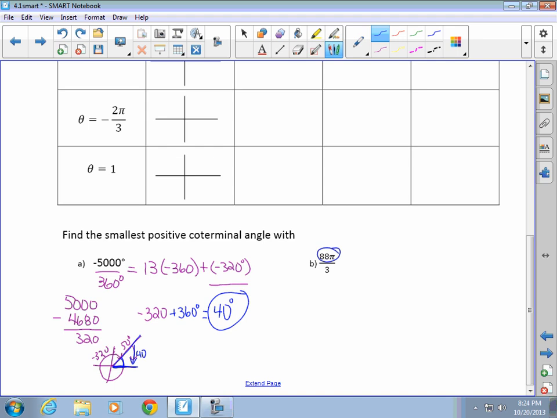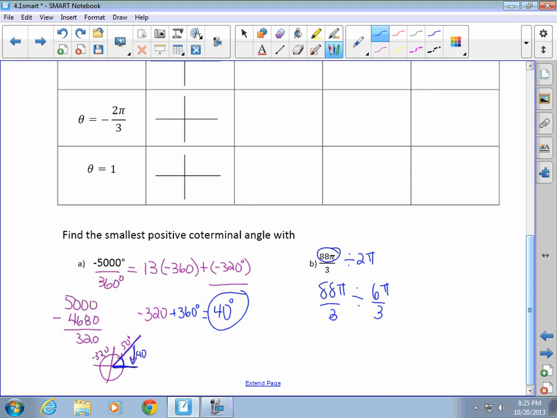If I take my 88 pi over 3, I started that right, and divide it by 2 pi, to have the same denominator that would be 6 pi over 3. So I take my 6 and divide it into the 88.